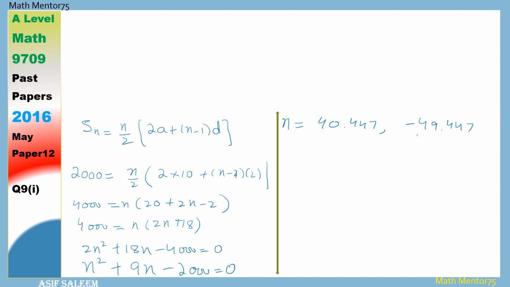We know that n cannot be negative, so we will not consider that value. So n is 40.447. Now it means on the 40th day it was not empty. It is empty in the next day. It means the tank is empty on the 41st day. So that means 2000 liters will be lost by the 41st day.